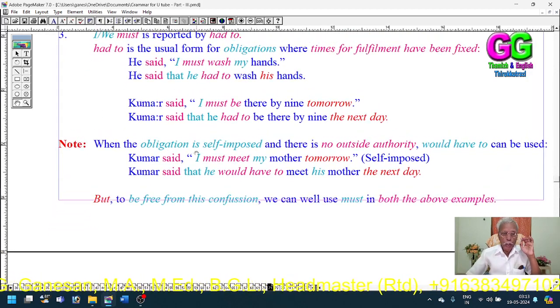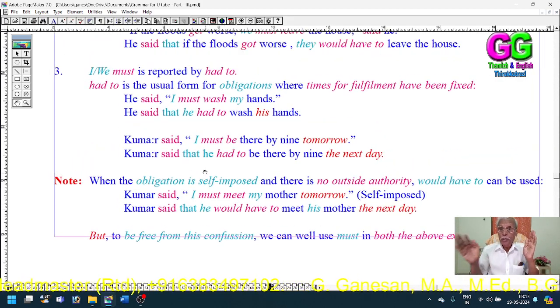Note, when the obligation is self-imposed and there is no outside authority, would have to can be used. When the time is fixed, we must use had to for must.